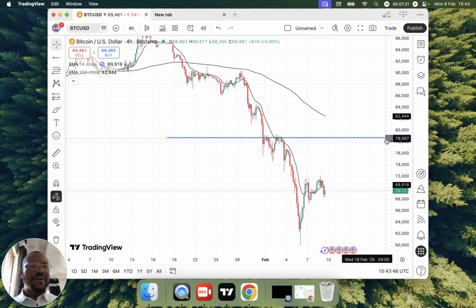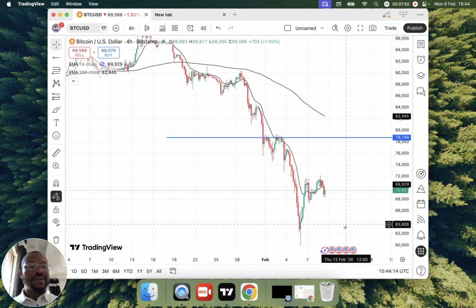I will now wait for my entry confirmation, which is very simple. I just want to see a 4-hour candle closing below this 14 EMA. Once I see a 4-hour candle closing below the 14 EMA, after price has taken out all the stop losses of the people trying to short this market from this resistance here, I will execute.